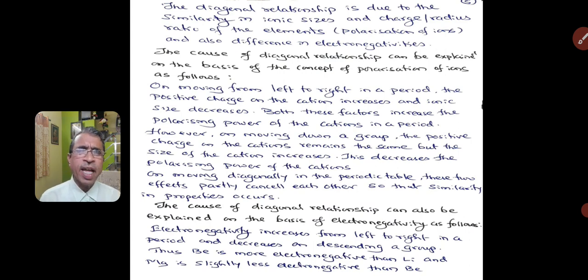The cause of diagonal relationship can also be explained on the basis of electronegativity as follows. Electronegativity increases from left to right in a period and decreases on descending a group. Thus, beryllium is more electronegative than lithium and magnesium is slightly less electronegative than beryllium.